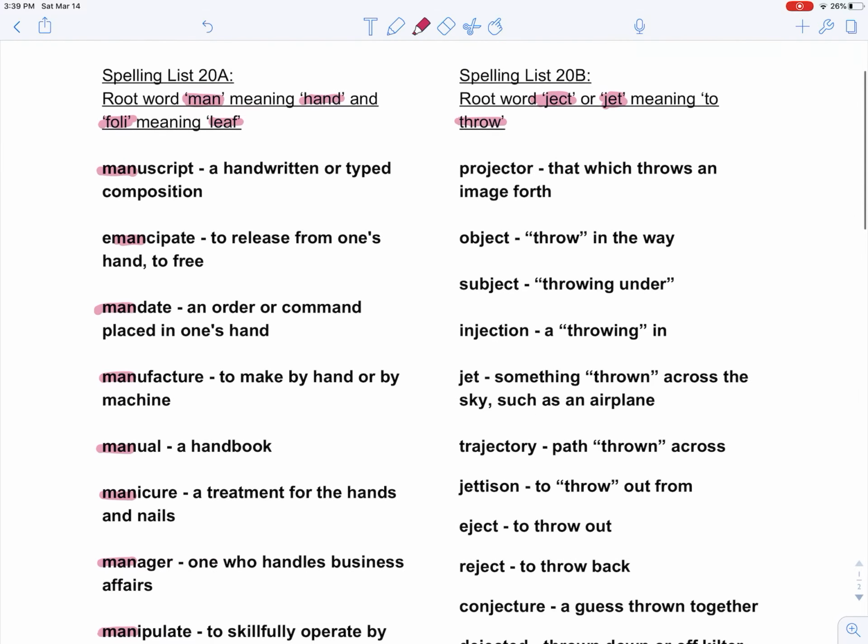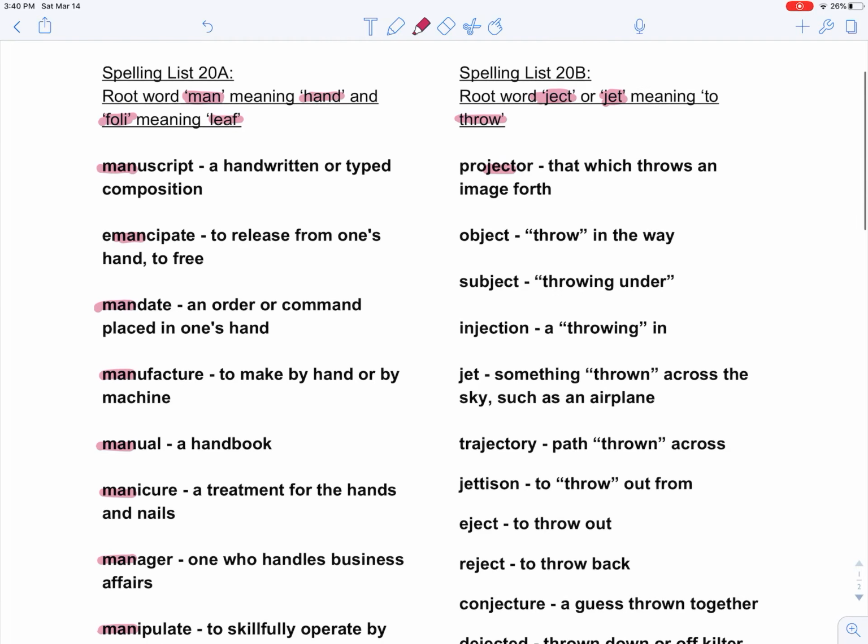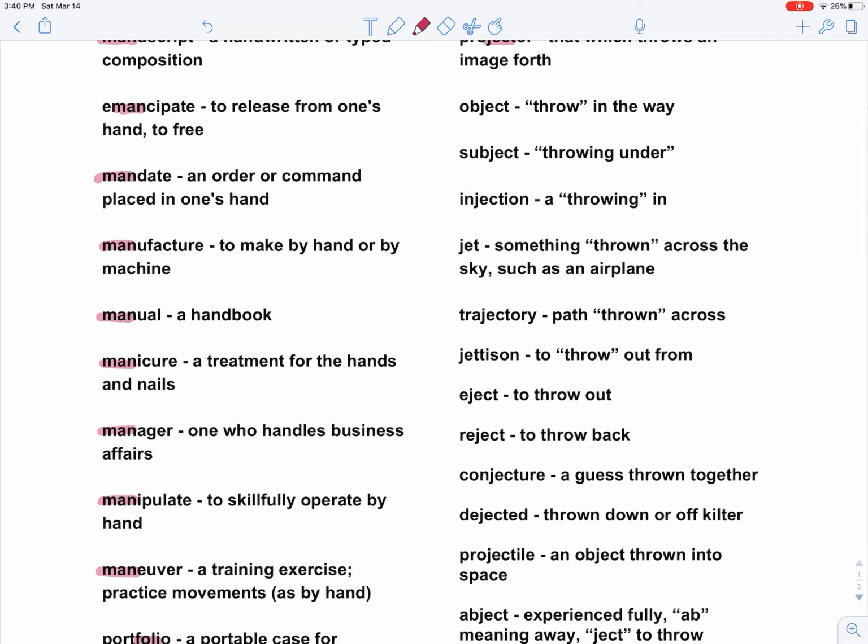Okay, here on the other side, with ject, we have projector, that which throws an image forth. So pro meaning forward, so the projector throws an image. To object. So object is like to throw in the way, if you object to someone's decision. Subject, as in throwing under.